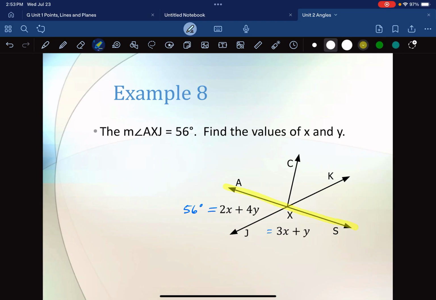So we got this linear pair. So we know they're supplementary. They add up to 180, but how can I set this other one equal to something? If this angle here is 56, then angle JXS must be 180 minus 56, which is 124.